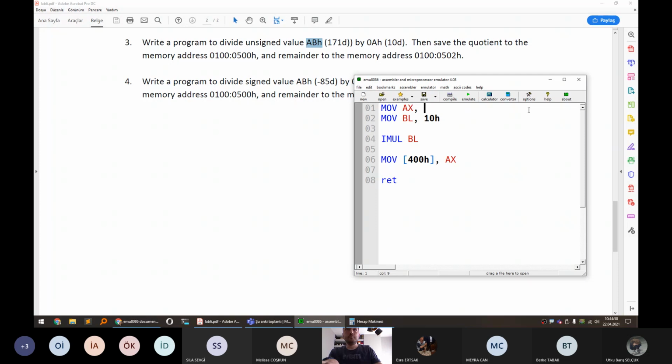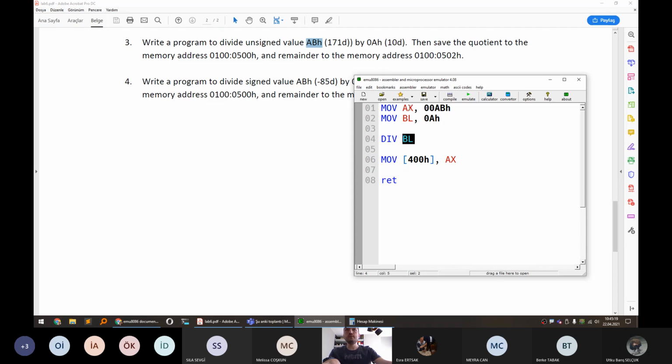I'm putting AB into AX and 0A into BL. We are going to make a division operation. Operand is byte, that's why AX divided by BL will be stored in AL.